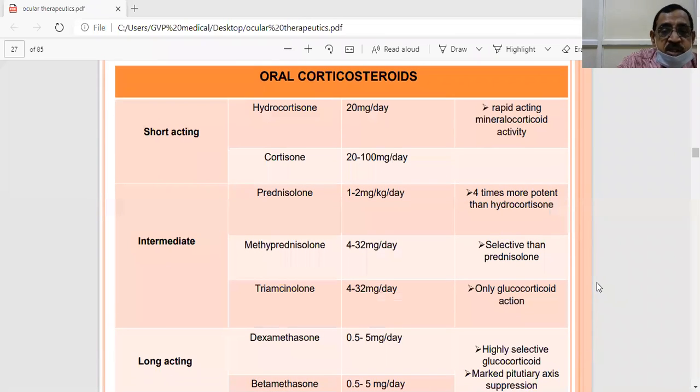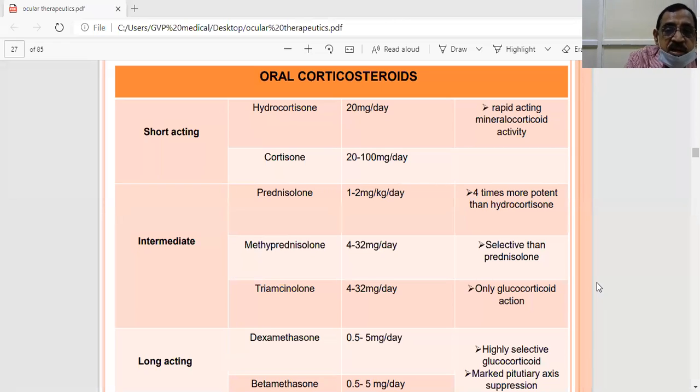So oral corticosteroids: there are short-acting, intermediate-acting, and long-acting. Short-acting are hydrocortisone, cortisone, and prednisolone. Hydrocortisone, we give 20 milligrams per day, rapid-acting, with mineralocorticoid activity. Cortisone, 20 to 100 milligrams per day. And prednisolone, 1 to 2 milligrams per kilogram per day, and prednisolone is 4 times more potent than hydrocortisone.